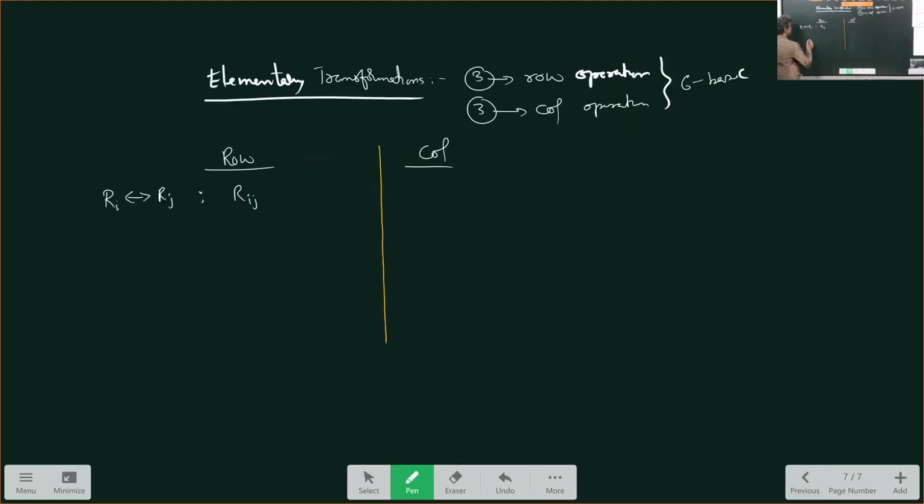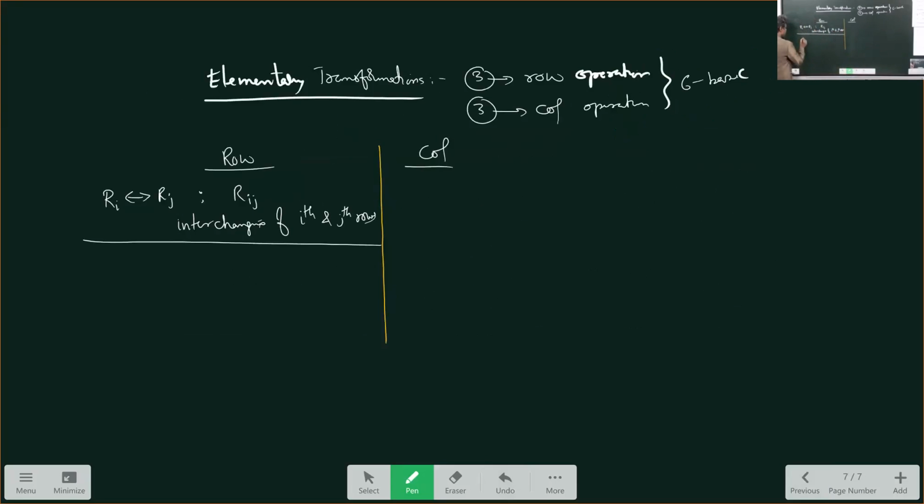Okay, now this is related to the row operations. This is called interchanging of any two rows, or say interchanging of ith and jth rows. Okay, this is my first operation.